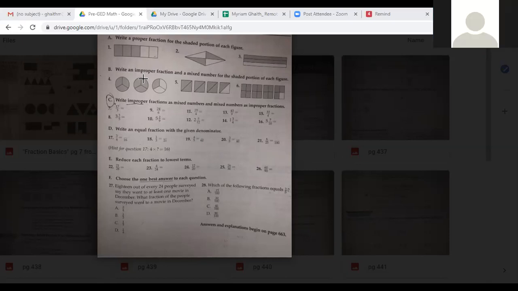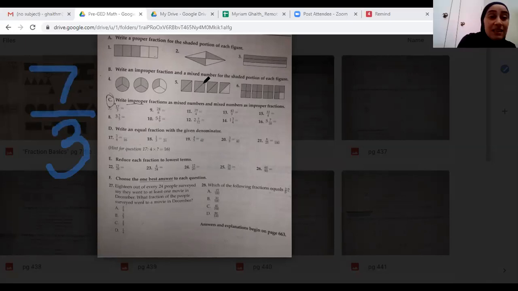Here, the number shaded is 7. There are 7 parts shaded. And I'm looking now at each circle to decide how many equal parts it's divided into. In this case, each circle is divided into 3 parts. So that 3 is my denominator.